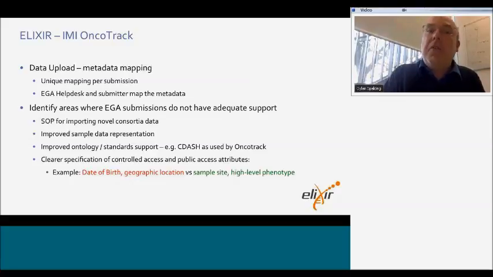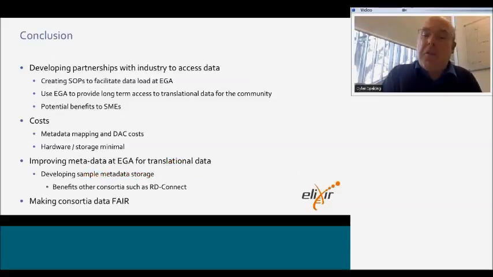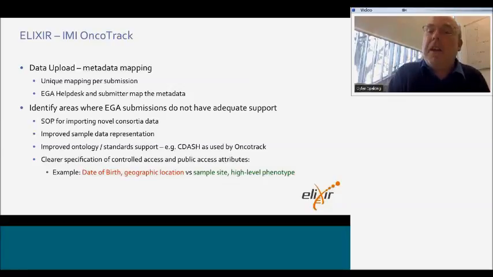So to improve the data discovery, whether it's at the public level or indeed programmatic access, once you've gained access to the data after controlled access, we need to be able to manage the ontologies better. We need to be able to map these ontologies better so that we can then start performing cross-queries across both, for example, an OncoTrack submission and other studies within the EGA.